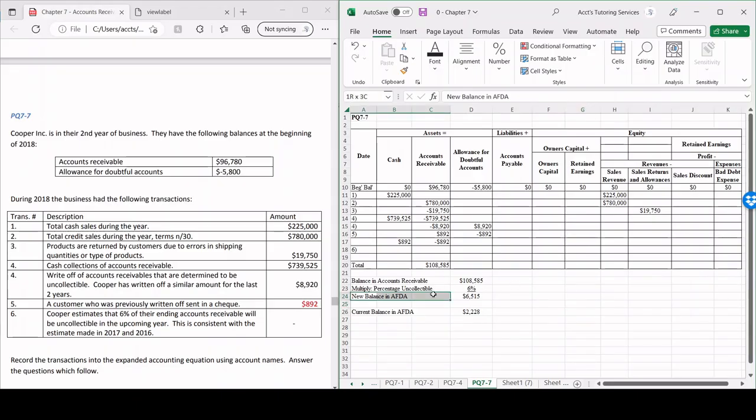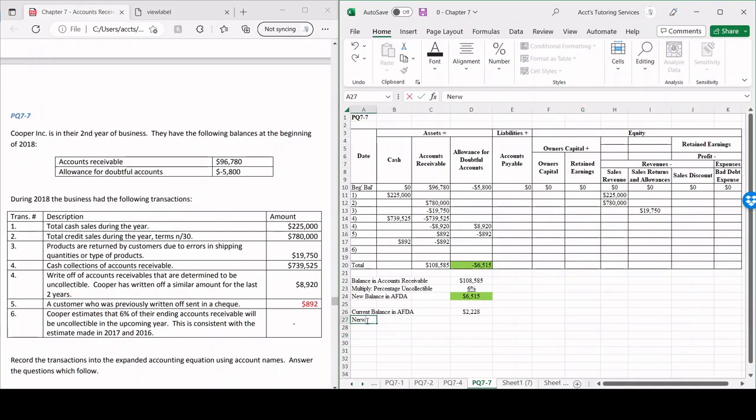So remember, this balance we calculate over here is going to be the new ending balance in AFDA. Very important. So let's color code that again. Okay, so now this is a positive number, which is fine. All that means is that our estimate was off, and the actual write-off was more than we originally estimated it. So that's why it's positive.